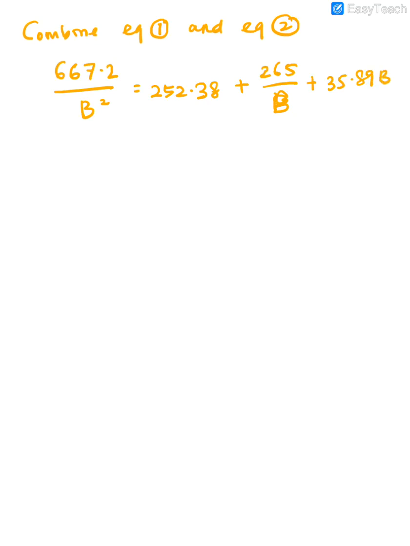Then you solve this by trial and error. Then you get B approximately 1.3 meter. So that is the solution for example number 4.